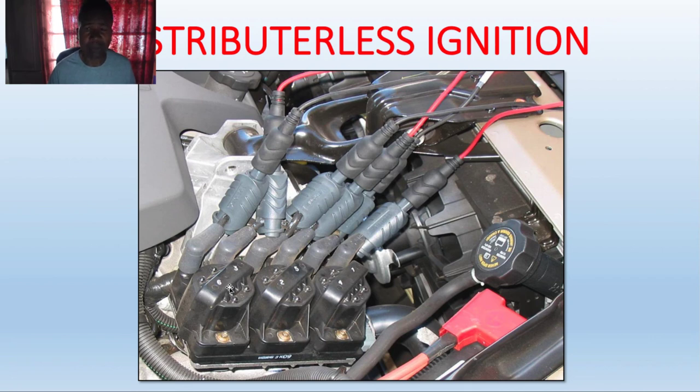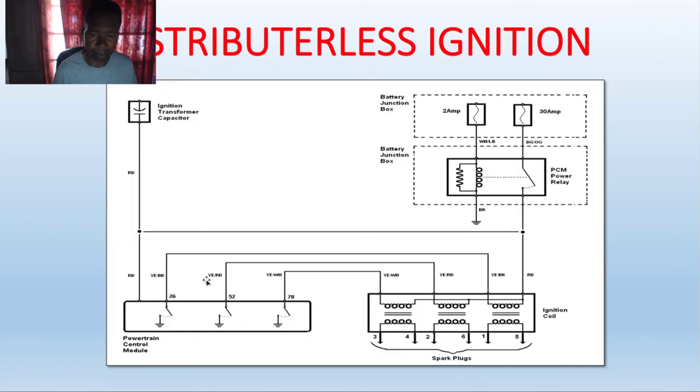It's called the waste spark system. Here's a wiring diagram of the waste spark. You've got 1, 2, 3 coils, and remember the V6 has 3 coils. You can see it has 3 triggers, 1, 2, 3, because it's only firing 3 coils. It's just one coil firing 2 cylinders.